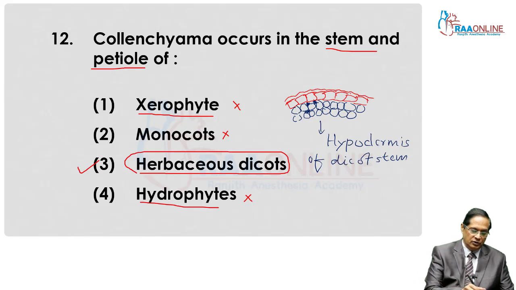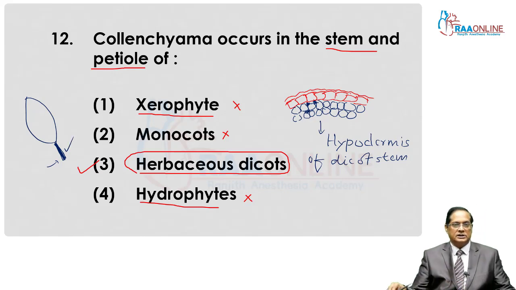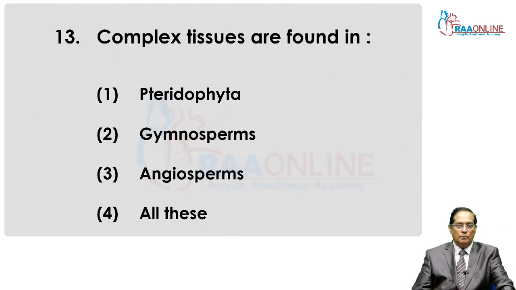And what is petiole? This is leaf. This is leaf stalk or petiole. And in herbaceous plants, collenchyma are present in petiole also.